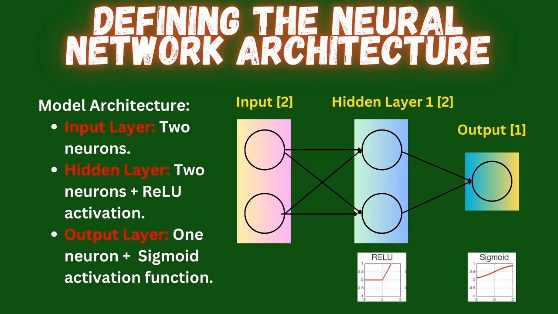Next, we will create a simple multi-layer perceptron model. It has 2 input neurons, 2 hidden neurons, and 1 output neuron. We will use the ReLU activation function for the hidden layer and the sigmoid activation function for the output layer to perform binary classification.